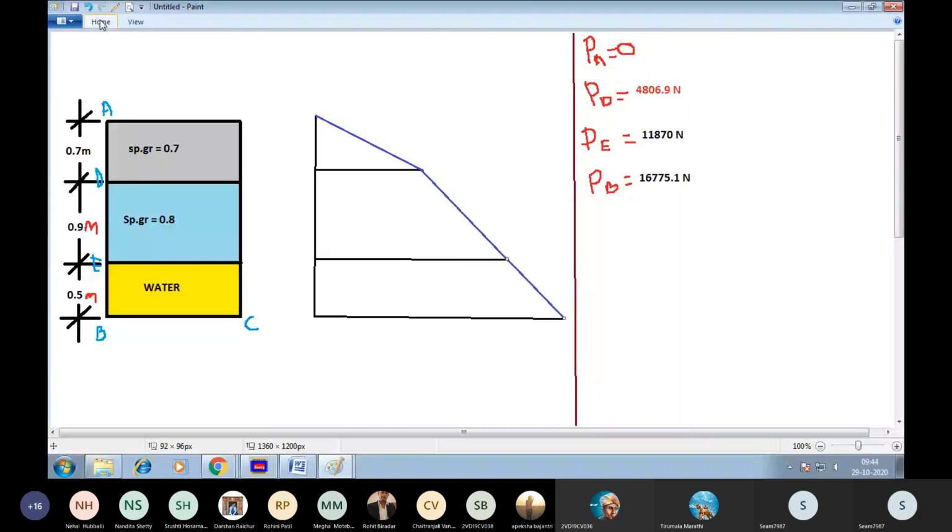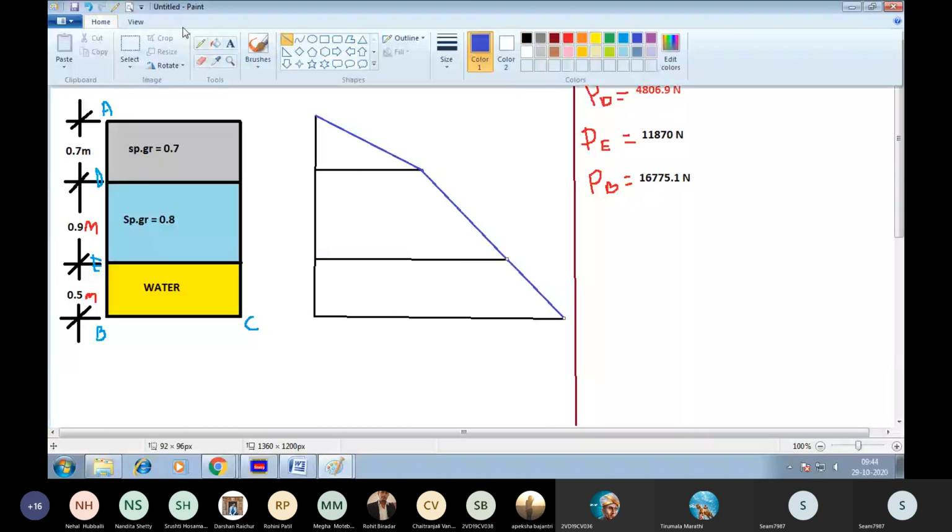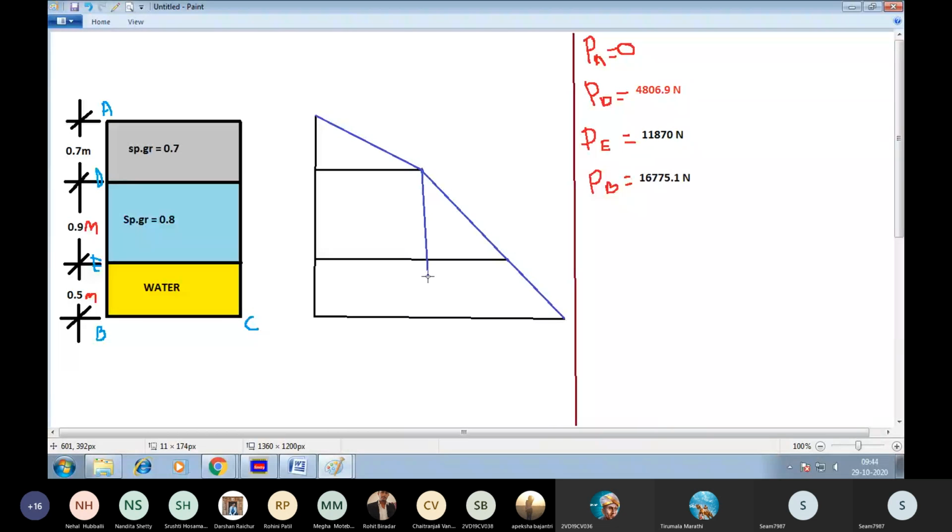Okay, and erect a perpendicular to this. So this is total 16,775.1 Newton. Total distance is this much. So now tell me the distance from here to here.